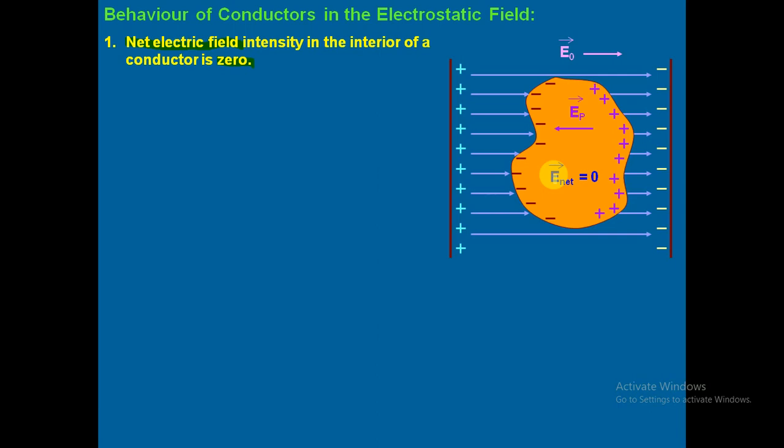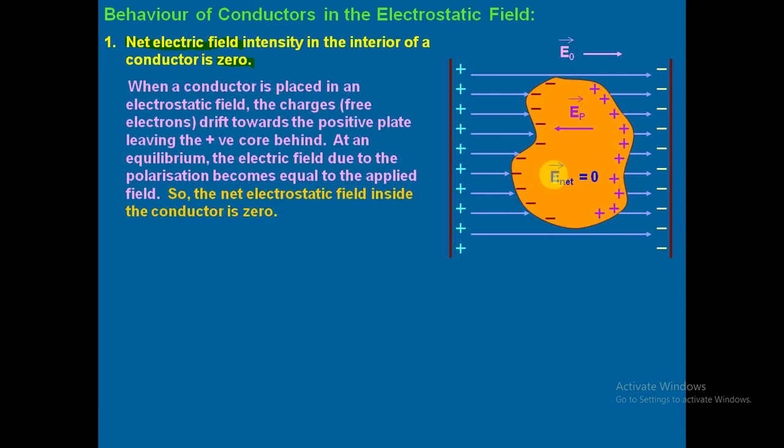Then the motion of the electrons will be stopped and the net field inside the conductor would become 0. So in equilibrium conditions we can say the net field inside the conductor will become 0.